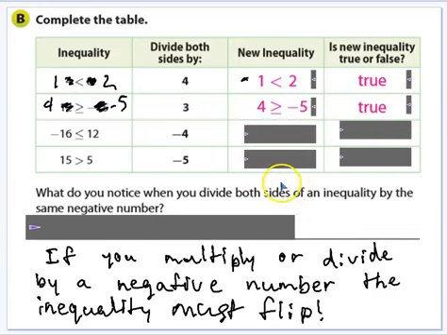All right. So now we have this. We have negative 16 divided by negative 4. So negative, it's going to turn positive, and 16 divided by 4 is 4. 12 divided by a negative 4, there's only one negative, so your answer will be negative, and 12 divided by 4 is 3, so it'll be a negative 3.